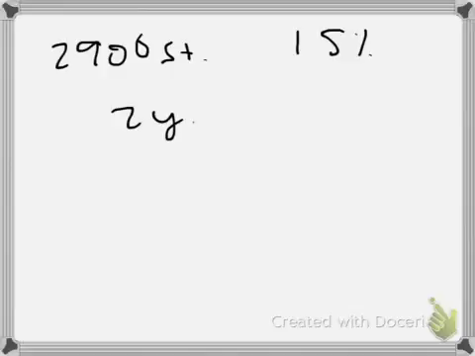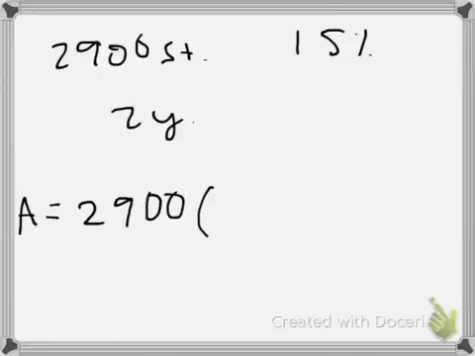So you'd use all these different numbers. So the initial amount, which is the little a, so you're looking for this. So the little a was the initial amount, which would be 2,900. And then you'd always keep the 1 plus the r, which is the rate. And so the rate is 15%, so that changes to 1.15.